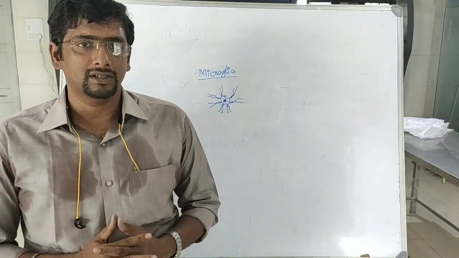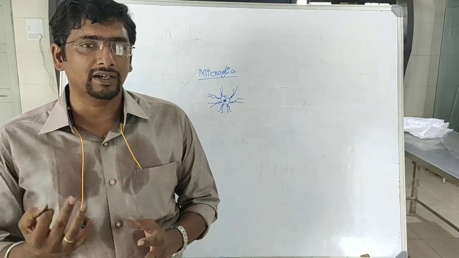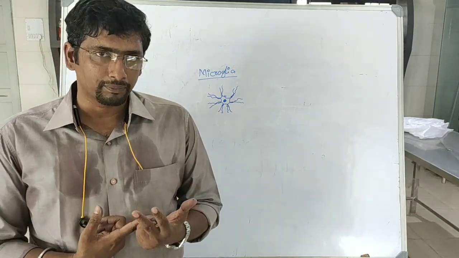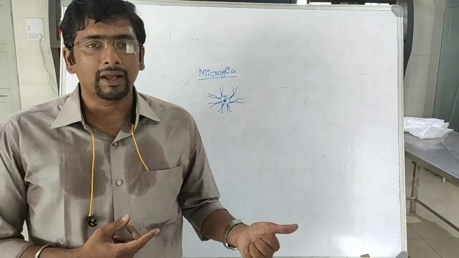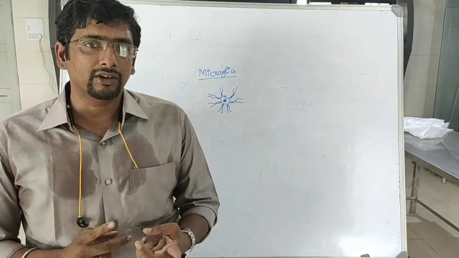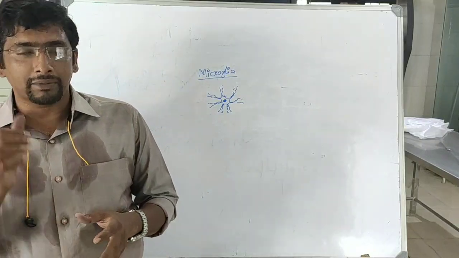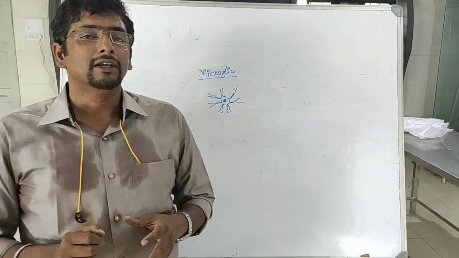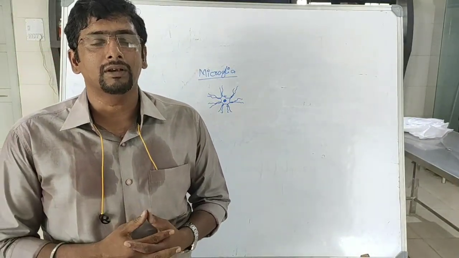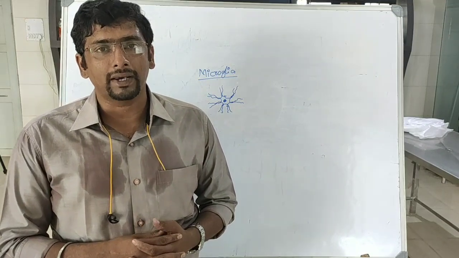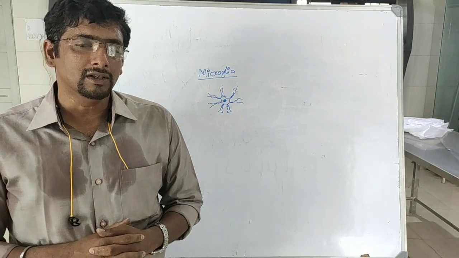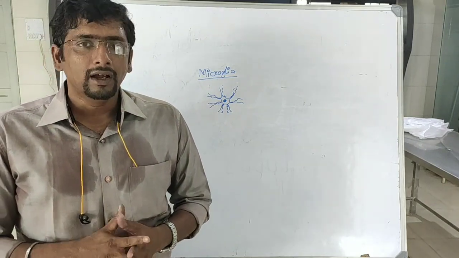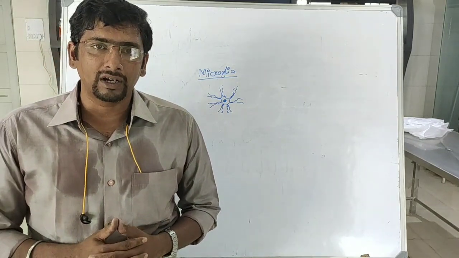In the CNS, macroglia are of three varieties: astrocytes, oligodendrocytes, and ependymal cells, besides the microglia. Astrocytes are again of two varieties, and they are the major component of the CNS. They form the major blood-brain barrier component and help in the nutritional aspect of the CNS. Next are the oligodendrocytes.